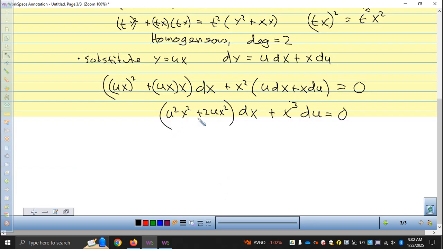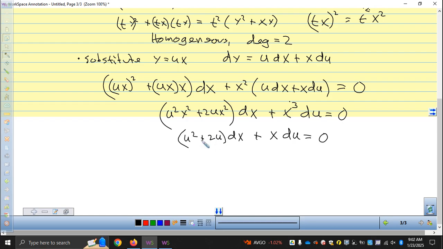I'm going to factor out an x squared here and divide. So I get u squared plus 2u dx plus x du equals 0.